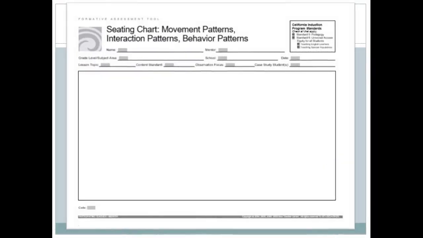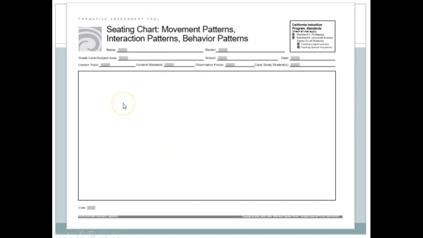This is a really interesting tool that can be used. It's a seating chart tool where you can quickly diagram out the physical layout of the room, and then you can track movement patterns of the teacher. So, is the teacher always up here at the front of the board, or do they break the plane, circulate, move around? If that's something you're working with a teacher on, you can do that. It can also show interaction patterns.